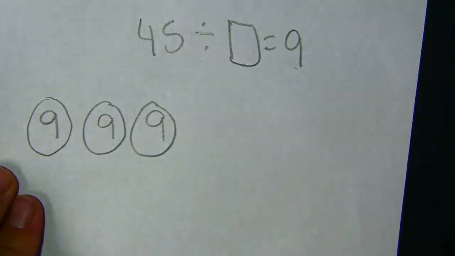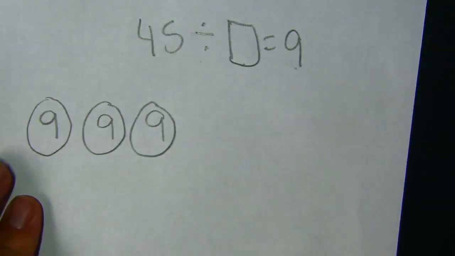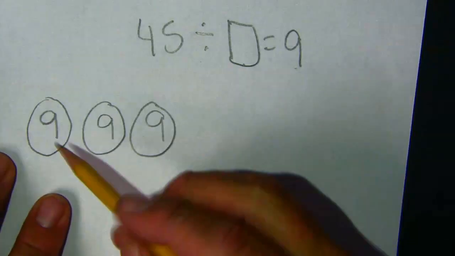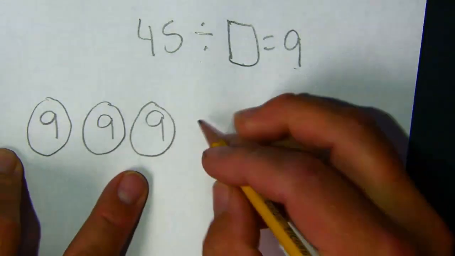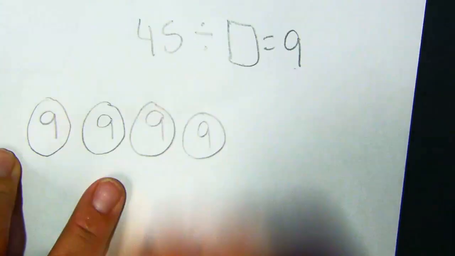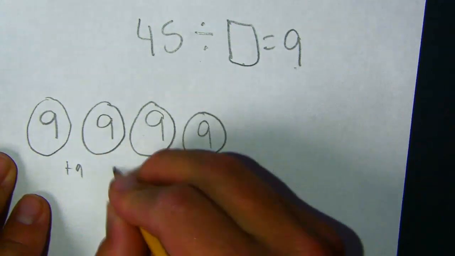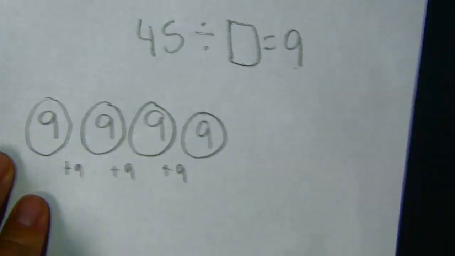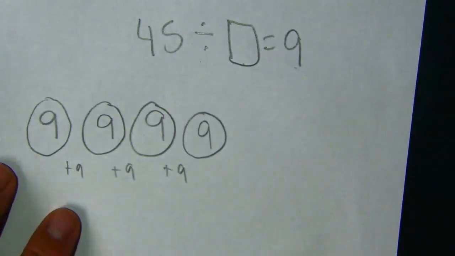You need to be able to skip count at this point as a 3rd grader. Got to be able to skip count or else it's going to take you forever to do your homework. 9, 18, 27, 36. Of course, you could use your fingers and add 9 every time to figure it out, but that's still going to take a long time.